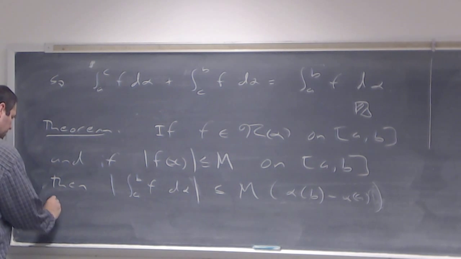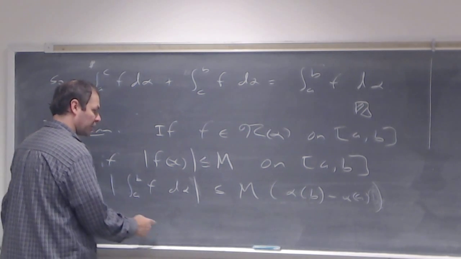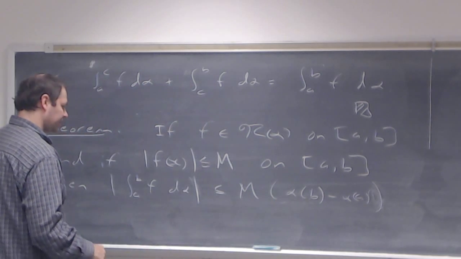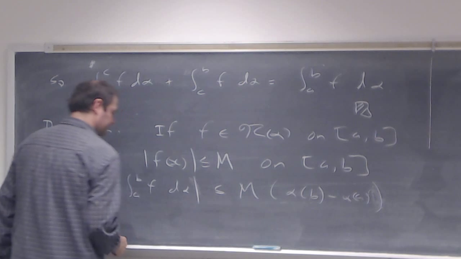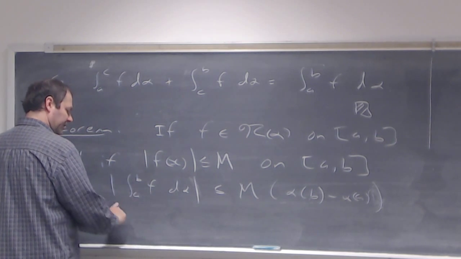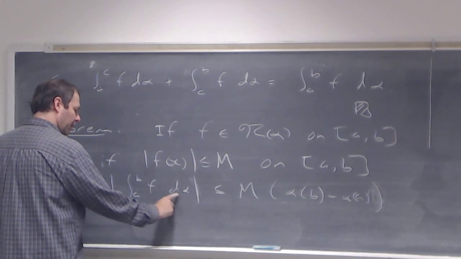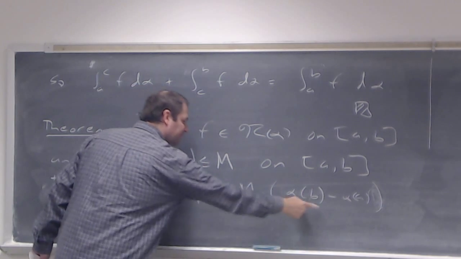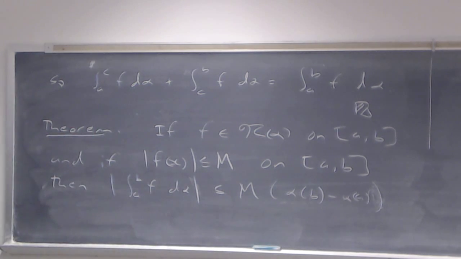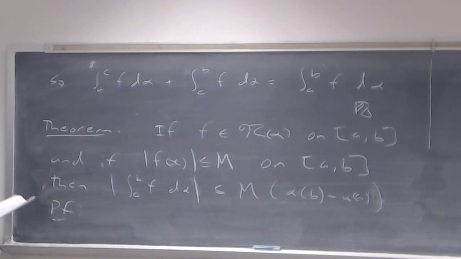Okay. So the way that we're going to prove this is to show that the absolute value of a number is less than or equal to this other number. What we're going to have to do is, of course this is positive, we're going to show that the integral of f dα, not the absolute value, is less than this number, but yet bigger than minus that number. That's what we will show. Here's the proof.